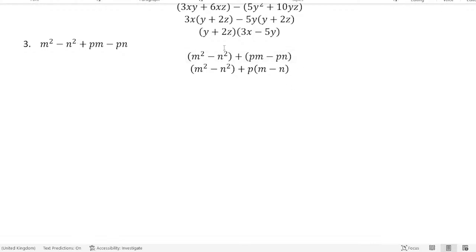All right, now we need to factorize this difference of two squares.